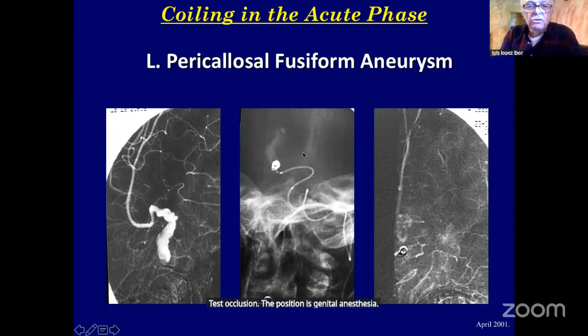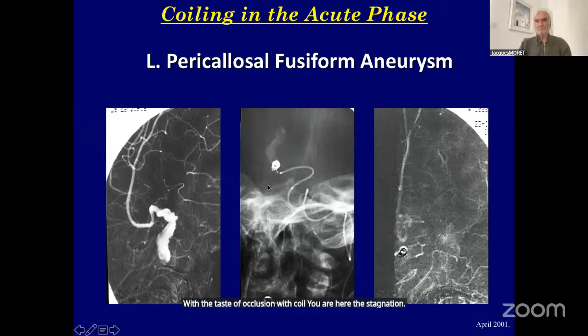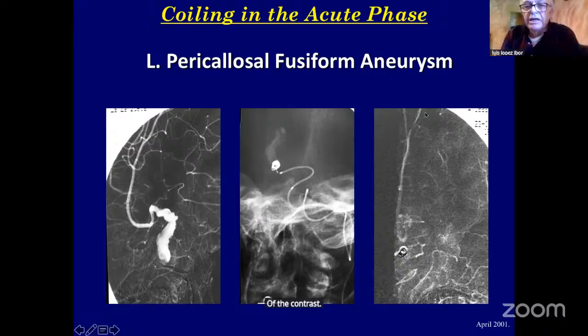With the test occlusion with coil, you see here the stagnation of the contrast, and you see here that the collateral leptomeningeal circulation is still open.